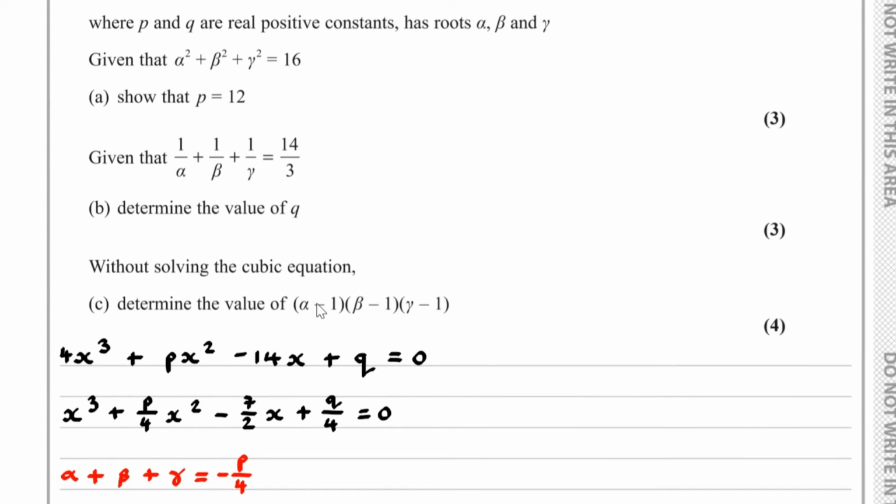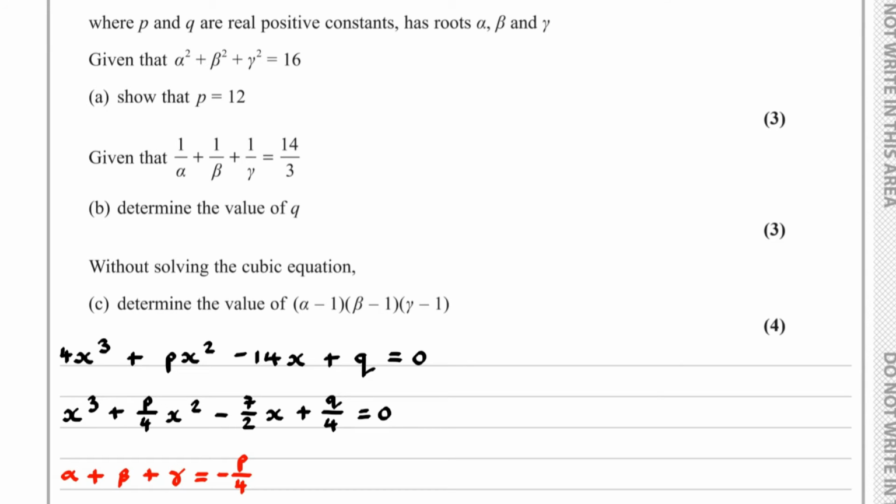Now, what we have now is a new cubic equation with roots alpha minus 1, beta minus 1 and gamma minus 1. And what we can do is use a substitution to help find a new cubic equation.